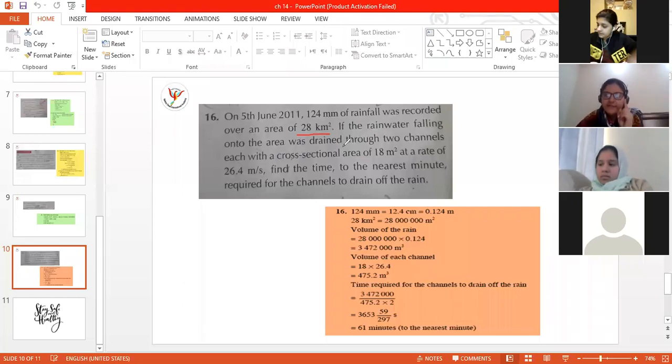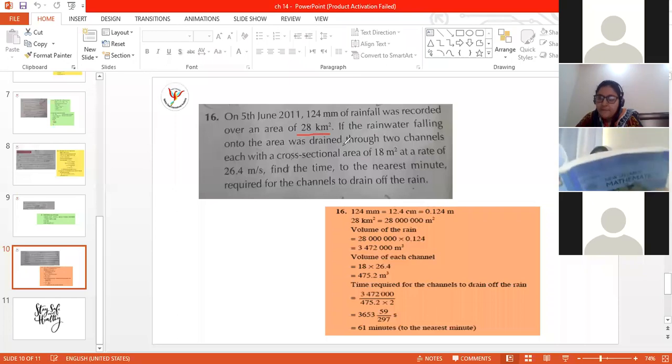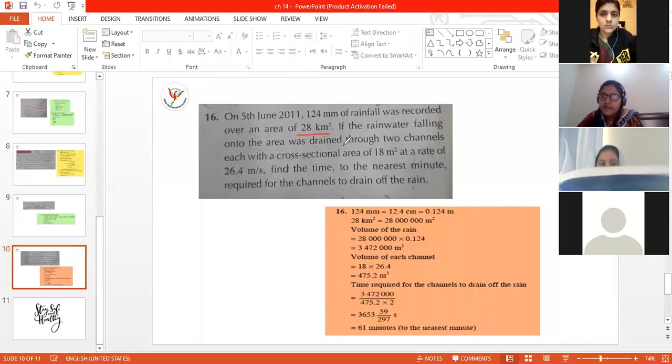For example, where the rainwater is falling, the total area was 28 kilometers square. But where the rainwater is falling, there are two drains with a cross-sectional area of 18 meters square at a rate of 26.4 meter per second.